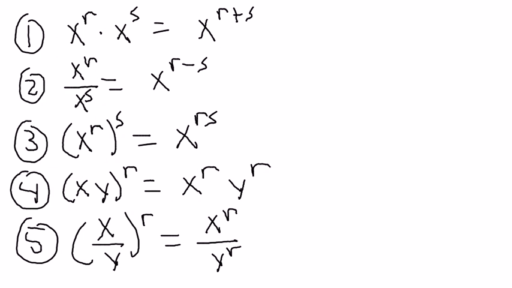In terms of logs, there are a couple of properties you should know. I'm going to do these all in terms of ln instead of log. The natural log of 1 is 0, and the reason for that is because e to the 0 power is 1. Remember, the ln is base e.